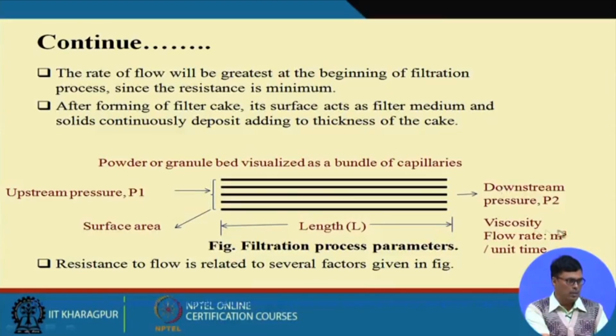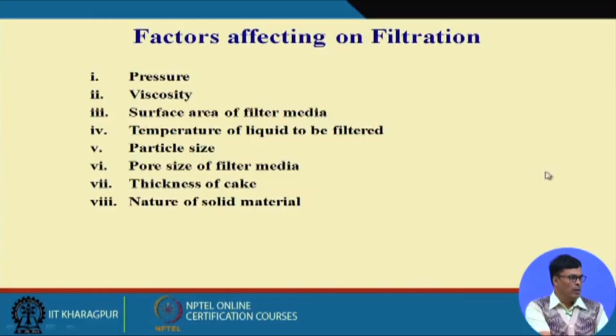These are the different factors that we have. It depends on surface area, upstream processing, upstream pressure, downstream pressure, viscosity, flow, everything. Now the factors affecting filtration are the pressure, viscosity, surface area, temperature of the liquid to be filtered, the particle size, pore size of the filter media, thickness of the cake, and nature of the solid media.